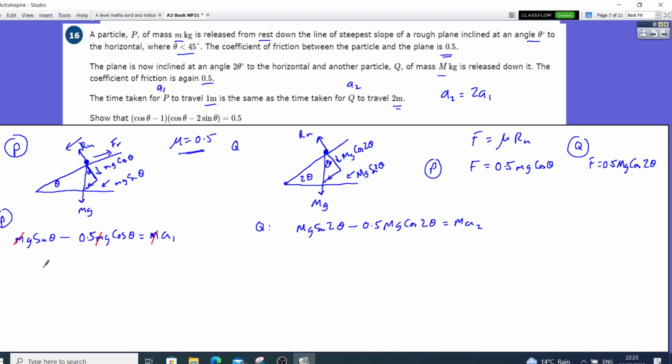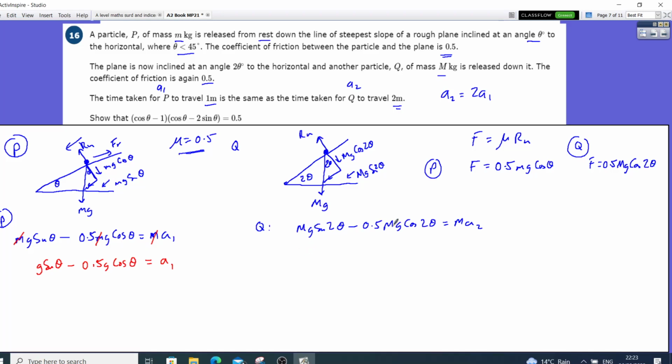So we've got g sine theta minus 0.5 g cos theta is going to equal the acceleration a1. That's the acceleration of P.